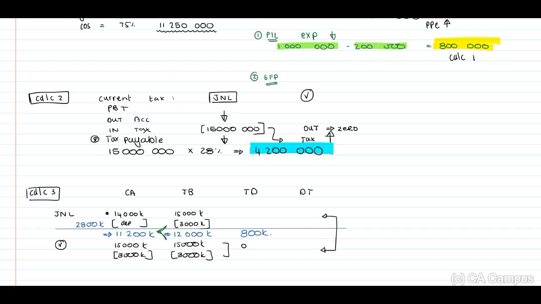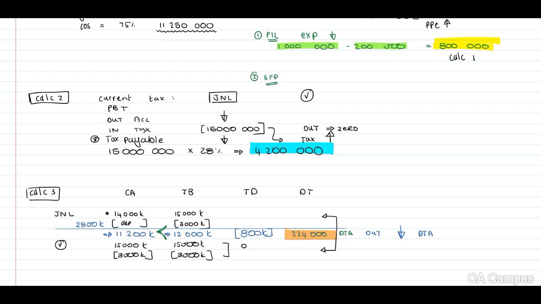Therefore, we know that this is a deferred tax asset, right? Therefore, we have a deferred tax asset of 224,000. Now, if we need to take this out, this will be a decrease in our deferred tax asset to the value of 224,000.